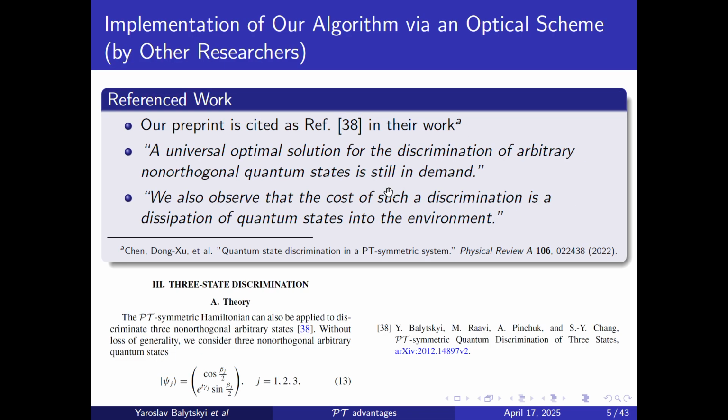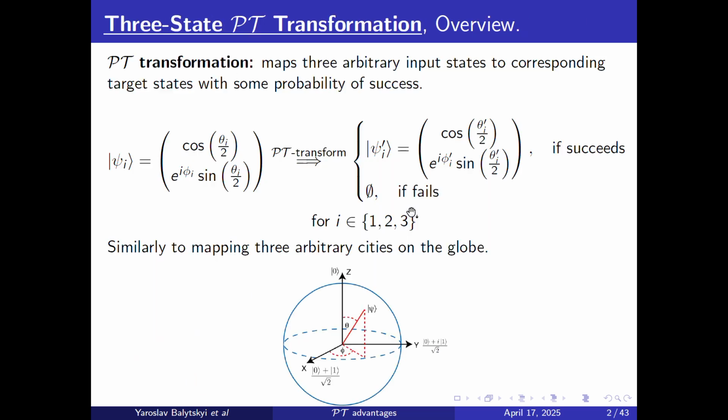Also, as noted in this paper, the cost of such discrimination is a dissipation of quantum states into the environment, which corresponds to the fact that such a transformation is a probabilistic quantum gate.